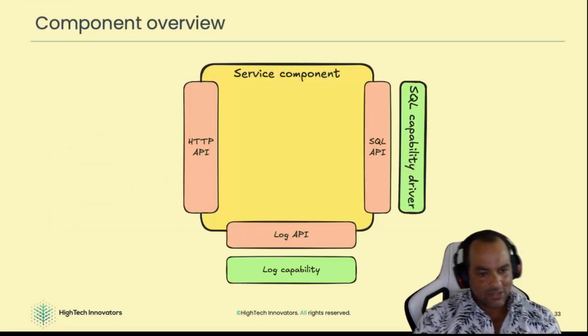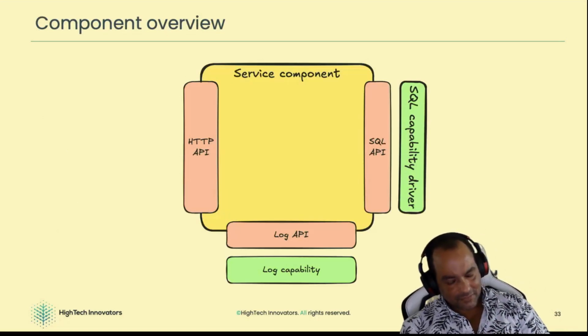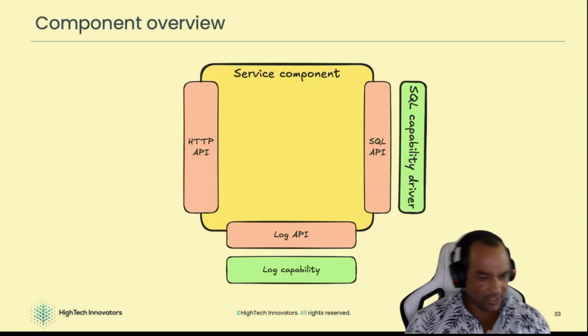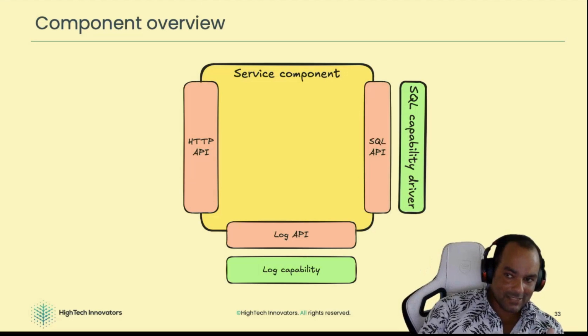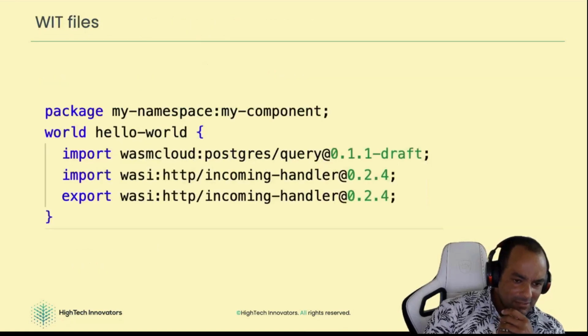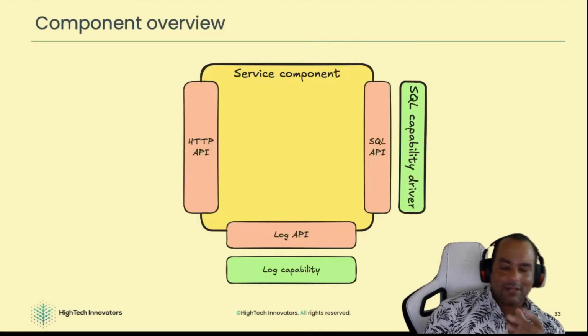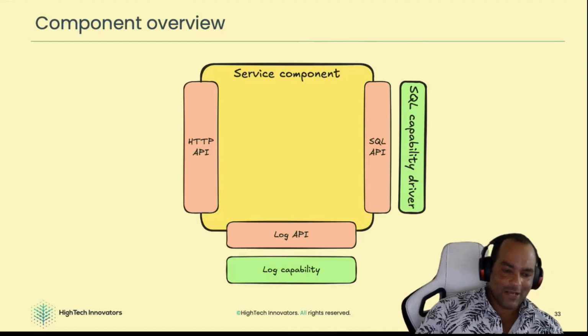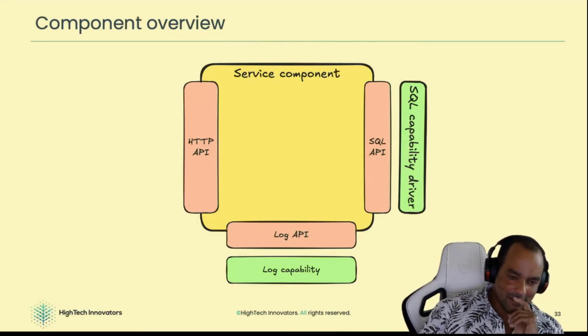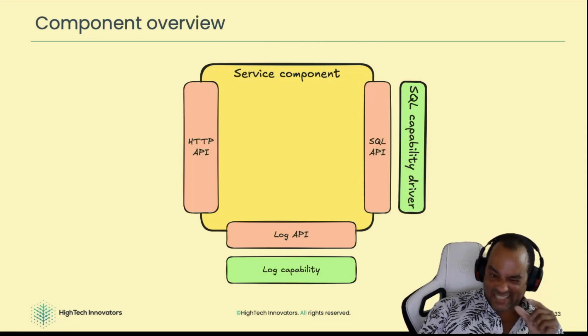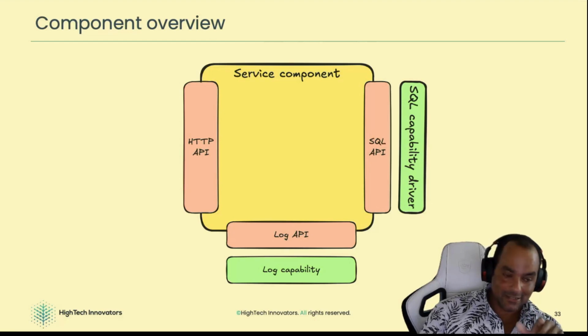Let's continue. So if we look at the component, it looks something like this. We have our code, and we have the APIs it declared, right? So in this case, we have the log API we imported. Did we import it? No, we didn't. There was a different one. Never mind that one. We have the HTTP API we imported, and the SQL API that we imported as well. But that's just it, right? It's an important difference to notice that the database driver is not inside the component.